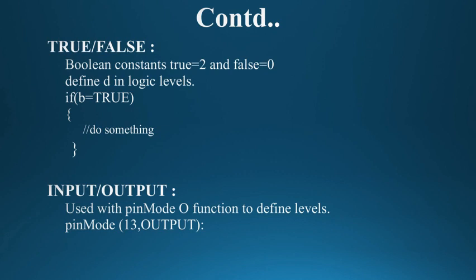Input or output is used with the pinMode function to define levels. pinMode(13, OUTPUT), in which we will be getting the output from the Arduino board. In this we can see that a function contains a name, inside which it contains a set of activities to be performed in a particular format, which will be taken as an input through a particular pin and is displayed as output on a particular pin.